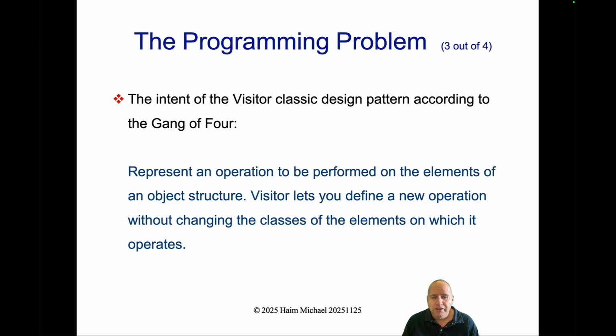Or, in the words of the Gang of Four, how to represent an operation to be performed on the elements of an object structure. Visitor lets you define a new operation without changing the classes of the elements on which it operates. So for that specific programming problem, we have the visitor design pattern.